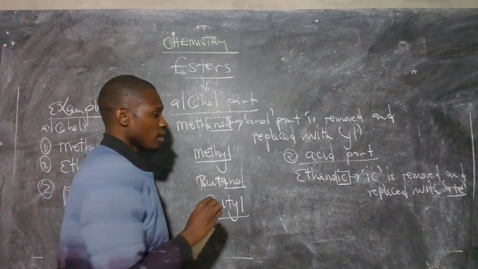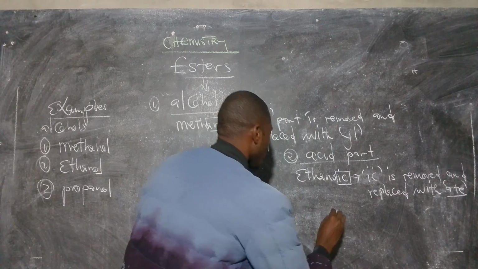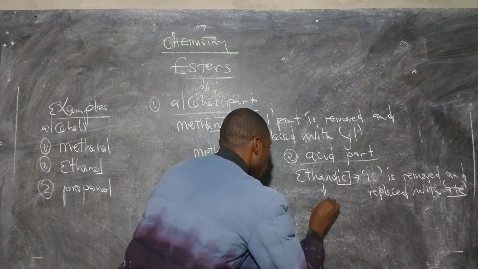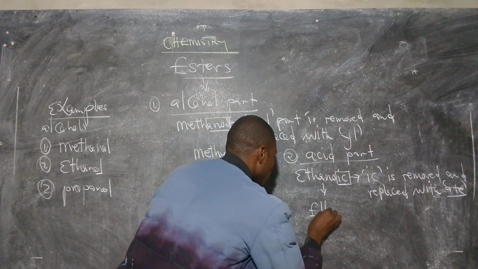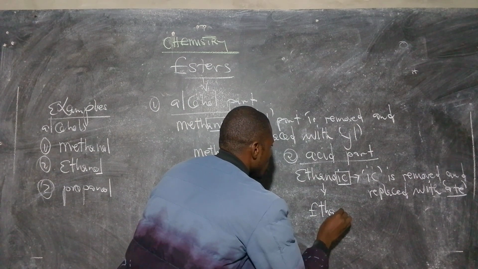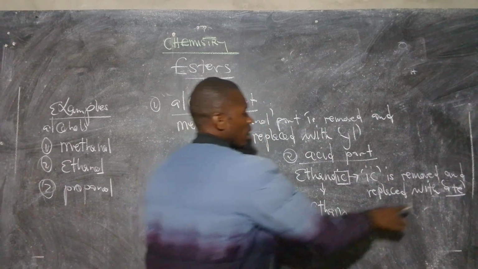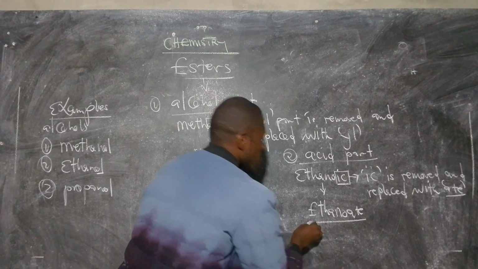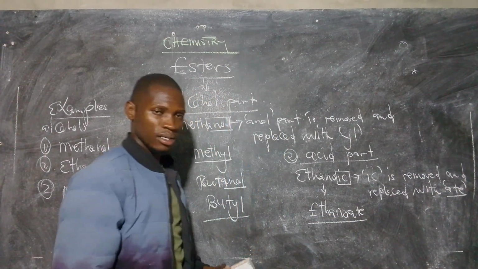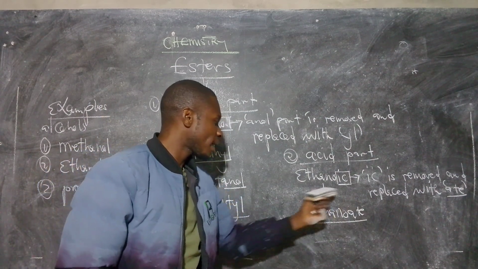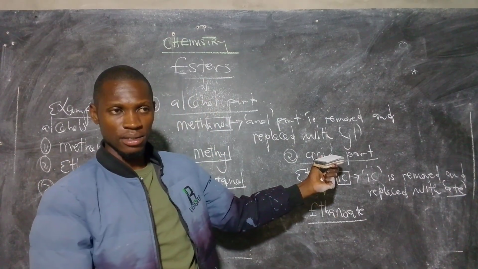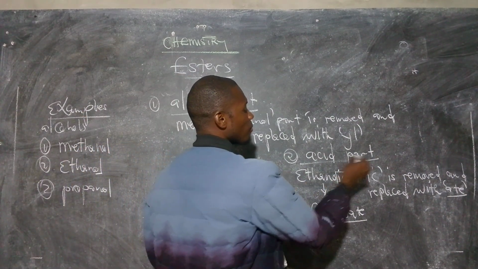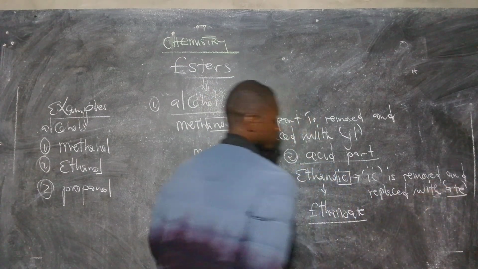Then from there, since we have removed IC, we are going to remain with something like this, ethanol. Then I replace with ATE, it will be like this, ethanoate. So the ethanoate part has come from the acid by removing IC and replacing it with ATE.